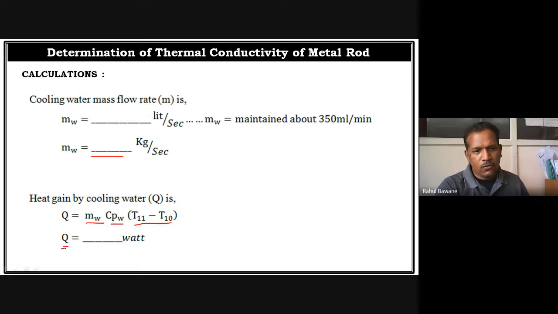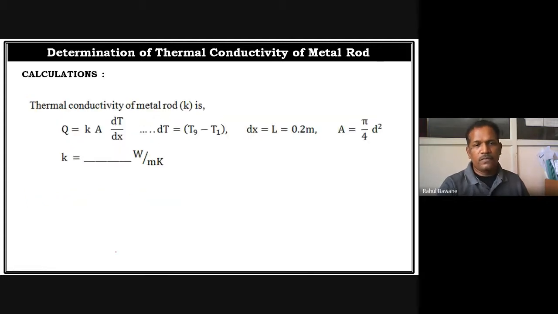Once we know the amount of heat flow Q, we will use the basic formula, Q equal to dT by R thermal, and R thermal is nothing but dx by kA. How to calculate dT? Q we already calculated from mass flow rate and temperature rise in cooling water.